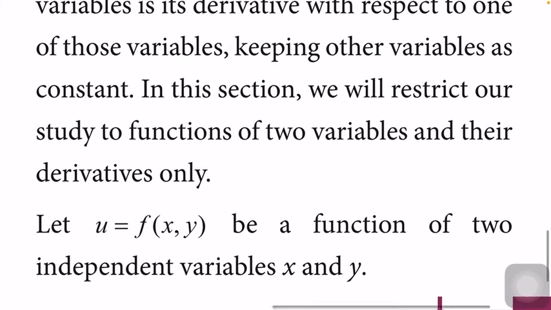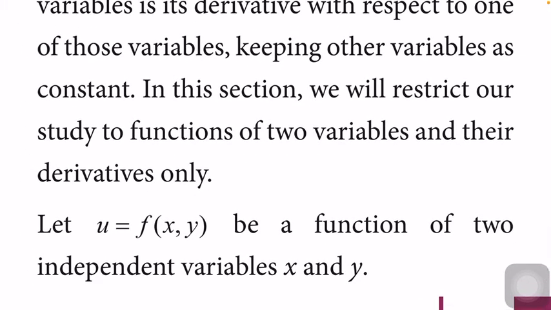Let f of x comma y be a function of two independent variables x and y. Here in this concept, we are going to deal with two variables only. If we need to differentiate it partially, then we will treat one variable as constant, and we will differentiate it with respect to the other variable.